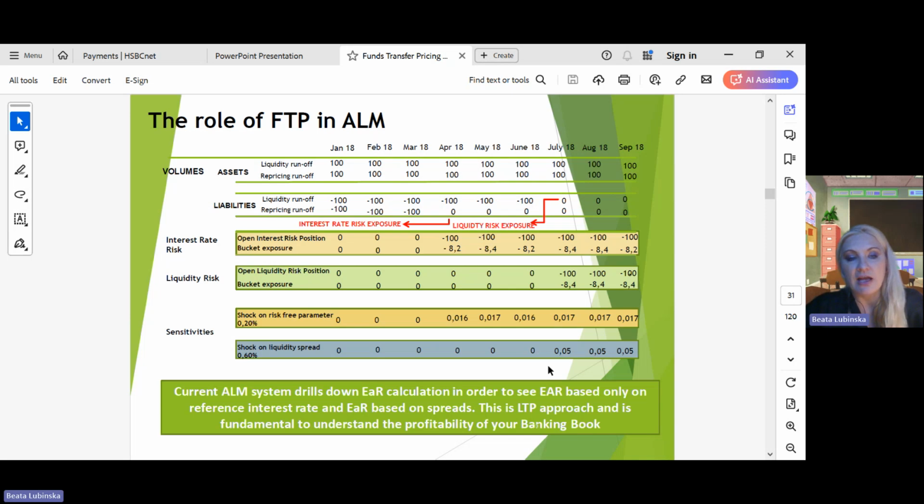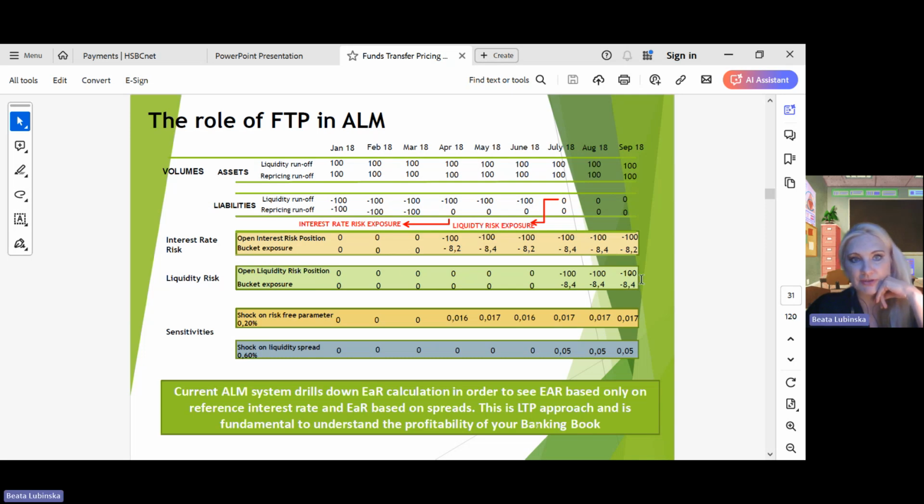So again, the ILM system is splitting you in two components. You have the interest rate risk component, which you see here. And here I'm going to explain those numbers, exactly how they were calculated. And then you have the liquidity component.